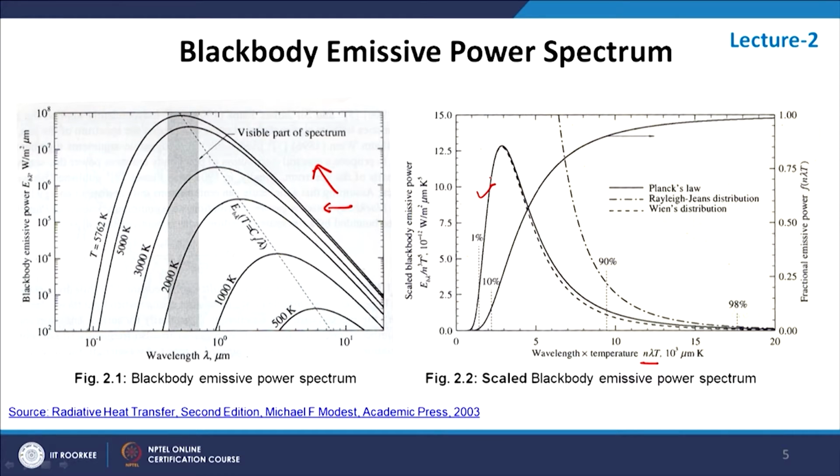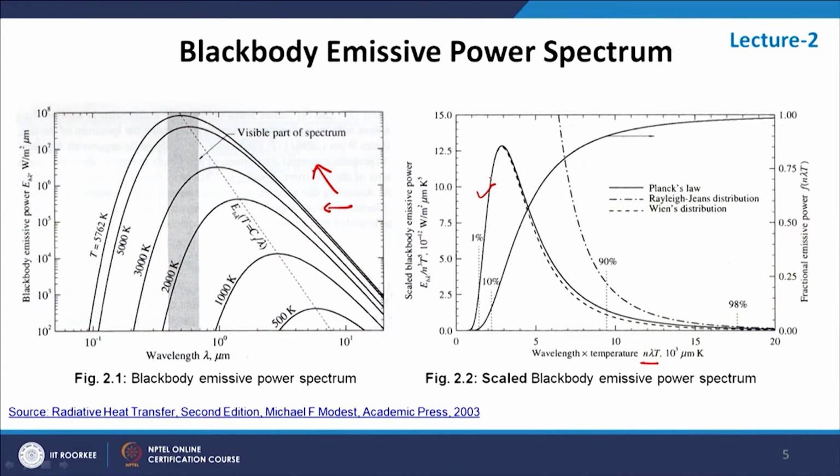Now, this curve has been studied by many researchers with respect to the solar spectrum. We know the solar spectrum behaves like a black body emissive power, at 5770 Kelvin. On this curve, I have also shown some approximate relations. The black body emissive power was first given by Max Planck, but researchers had been trying to fit the solar spectrum even before Max Planck.